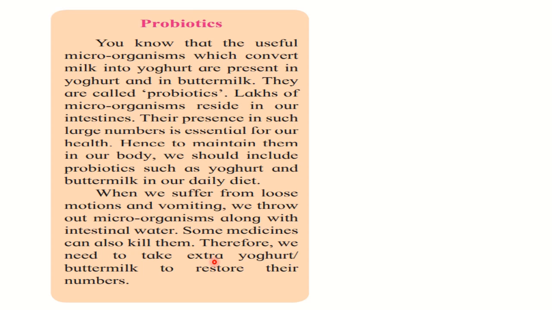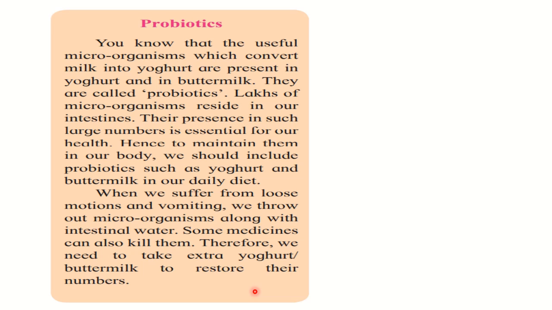Okay, then here when we suffer from loose motions or vomiting, you know that all the things from our intestine, whatever we eat, are coming out. We throw all these things out through the feces and through the vomiting. So we throw out these useful microorganisms also. We throw out these probiotics also.